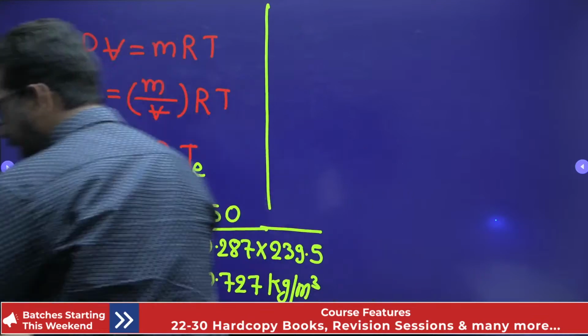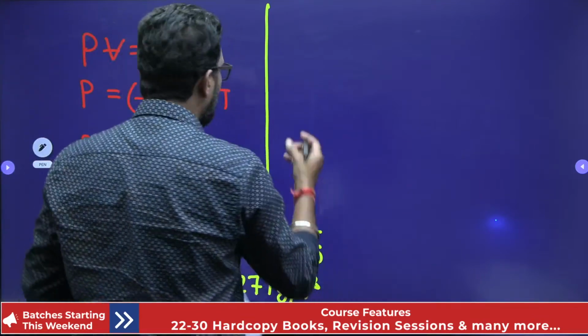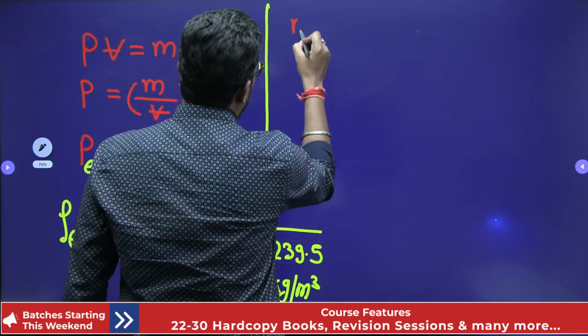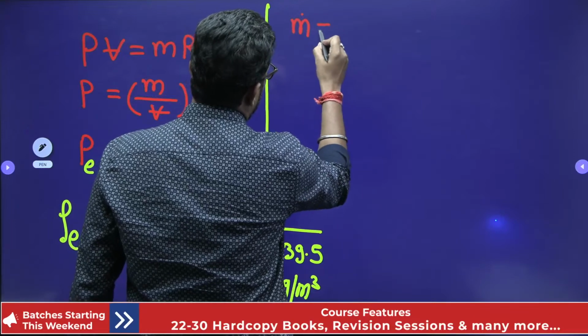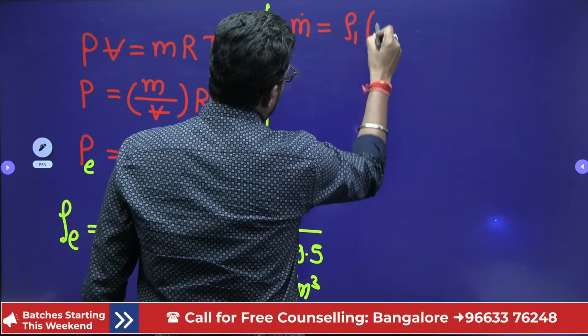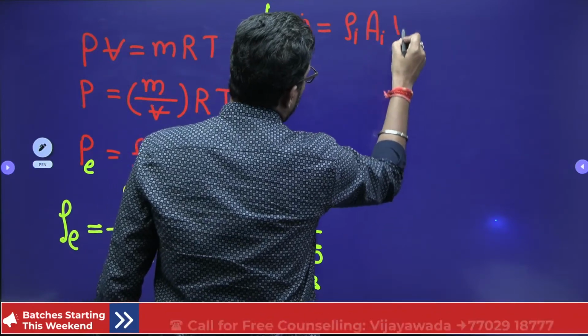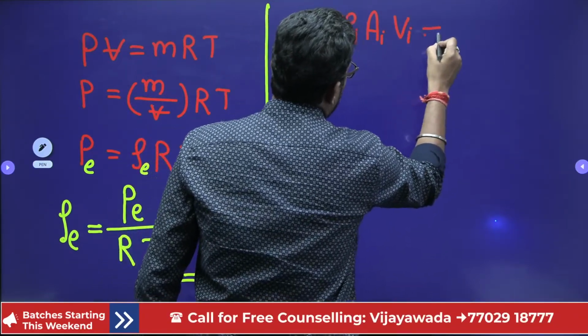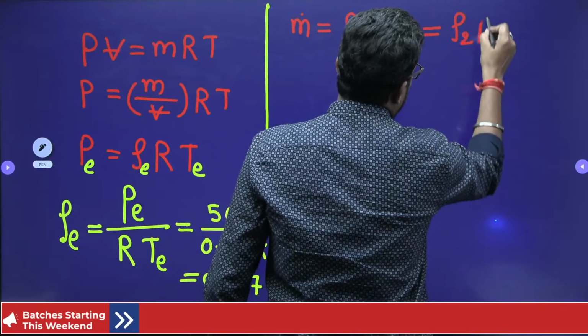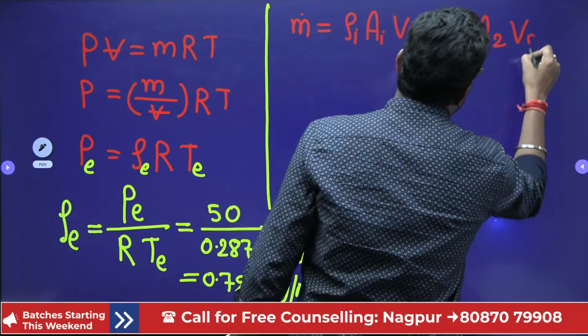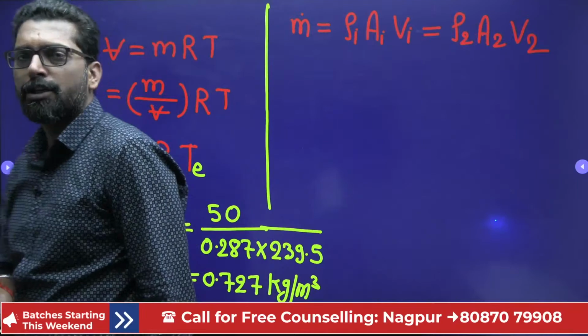Now, what is the mass flow rate? We can easily find it. We know that mass flow rate is equal to rho1 A1 V1, equal to rho2 A2 V2. This is the continuity equation.